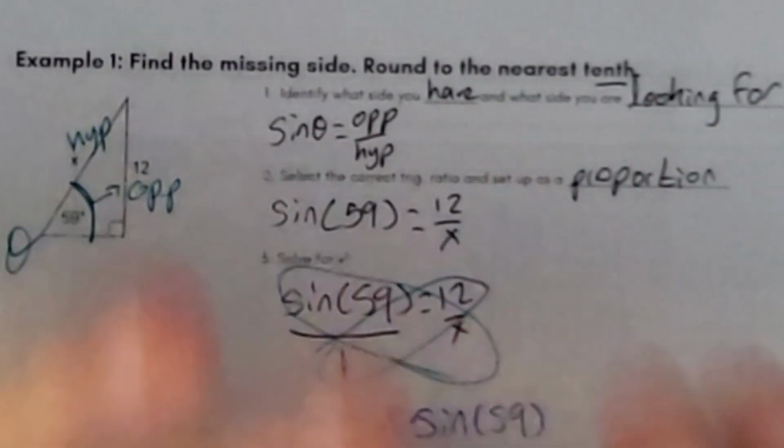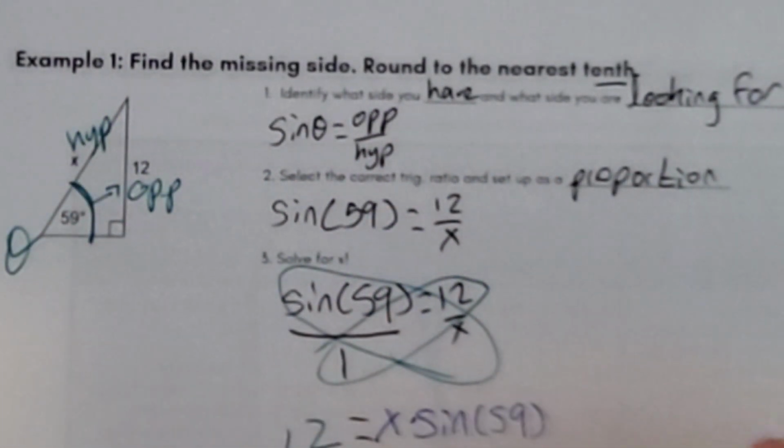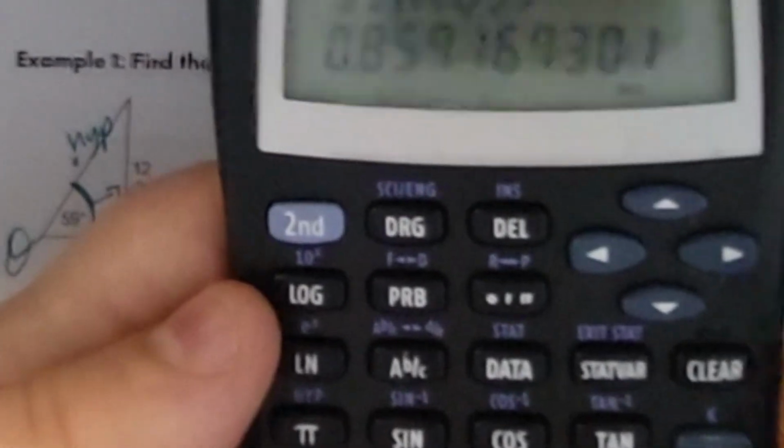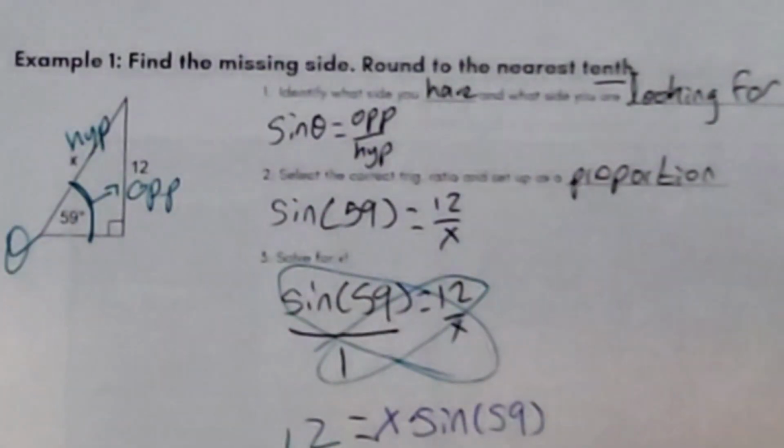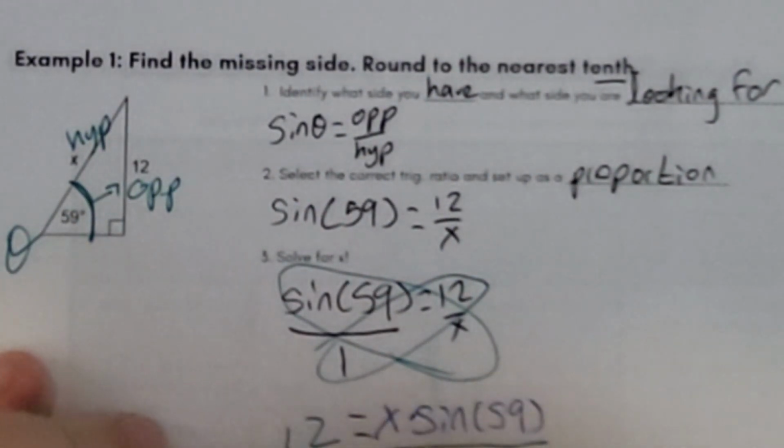Sine of 59 is a number on its own. We can do that in the calculator. So what you can do here is divide both sides by sine of 59.